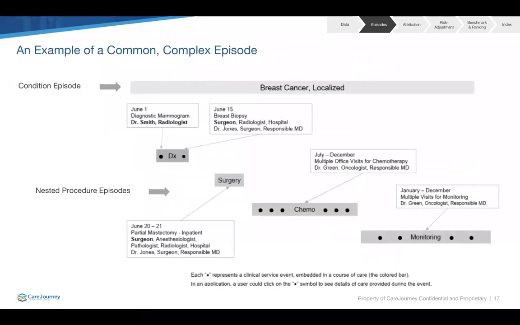I can't do the PACES model justice, but I thought I'd share an example of the type of analyses they've run to associate not just a single doctor to a single episode, but a true care team involved in diagnosis, procedure, the chemotherapy, and active monitoring.